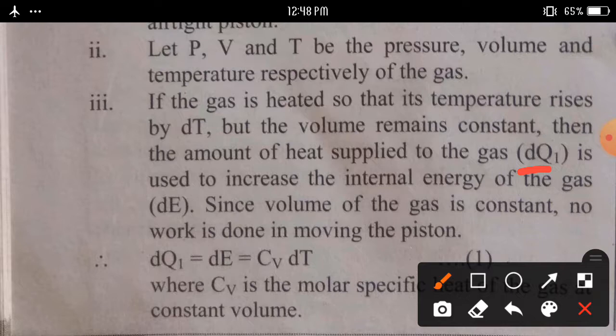Suppose this internal energy change is dE. Since the volume of the gas is constant, no work is done in moving the piston.